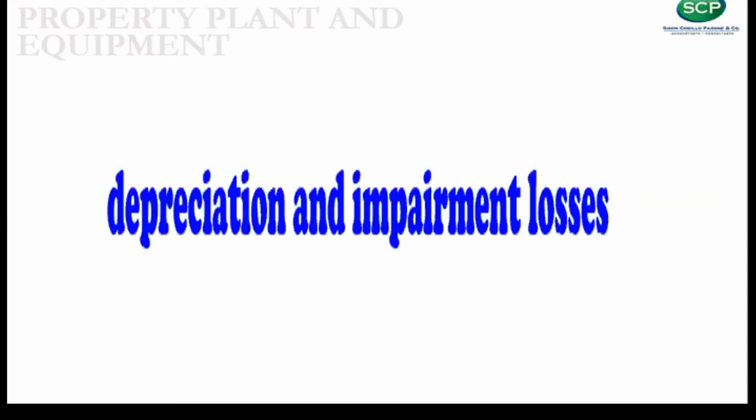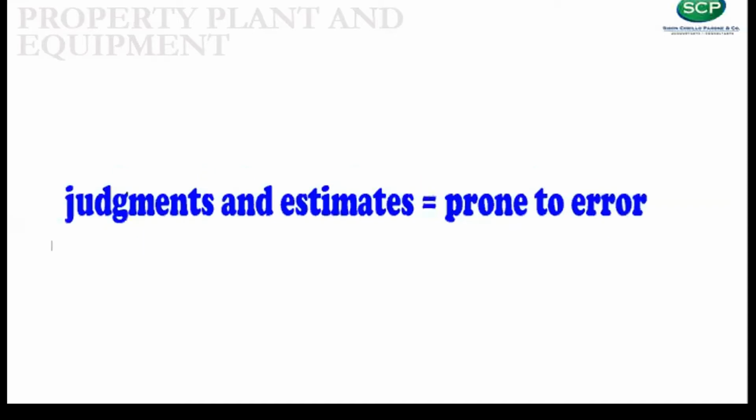As we all know, estimation and judgment are inherently prone to error, and therefore, the risk of misstatement in fixed assets goes up when the fixed assets are carried at the revalued amount and when there are indications of impairment. In contrast, costs can be verified by examining documents such as invoices, purchase agreements, billing statements, collection receipts, etc.